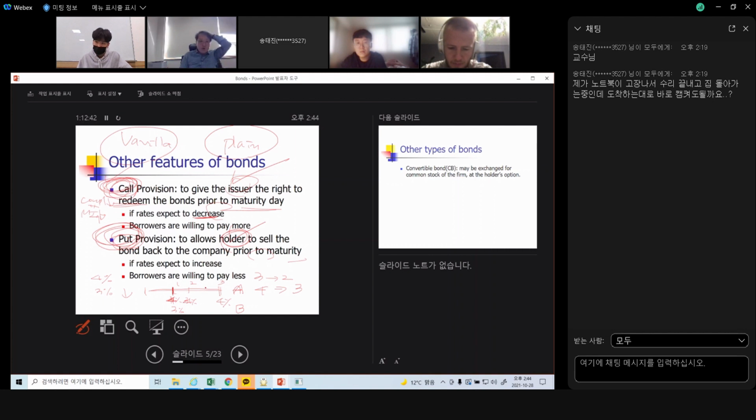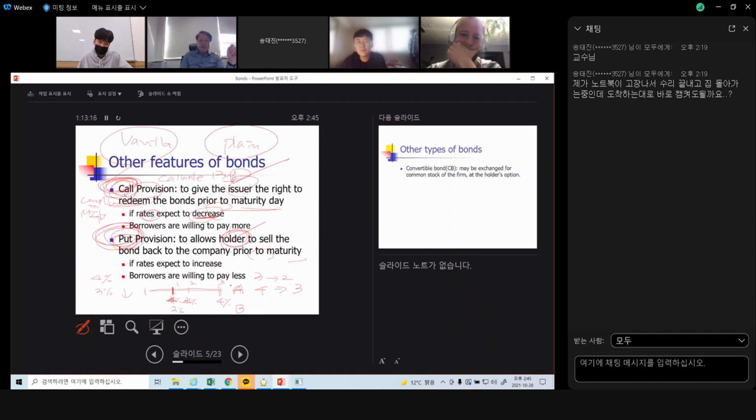So if the interest rate is expected to decrease, then the company is willing to attach that kind of right to the bond, which means I can pay the principal before the maturity to reduce coupon interest, to reduce cost. That's called a callable bond. Call provision is callable bond.